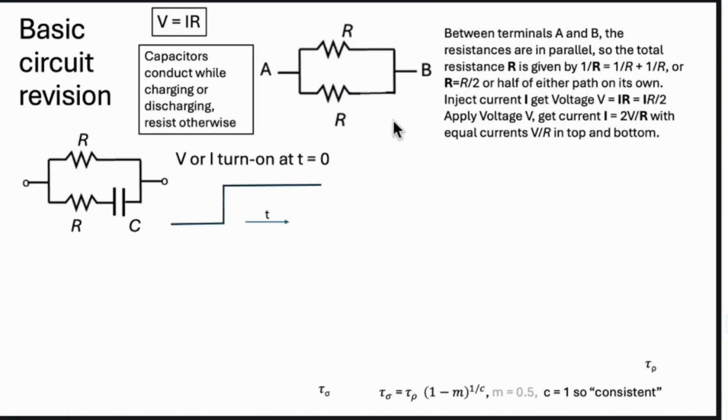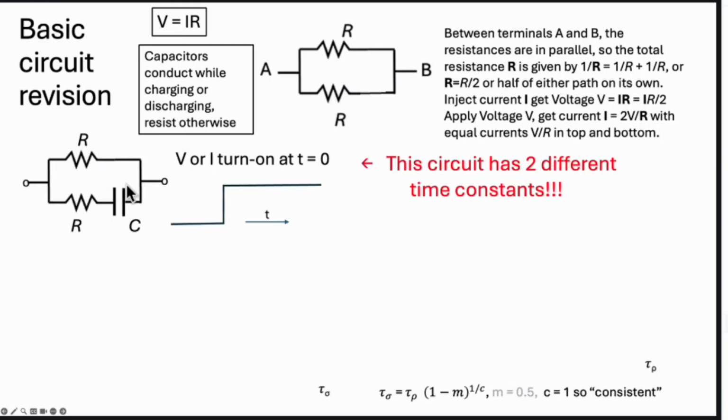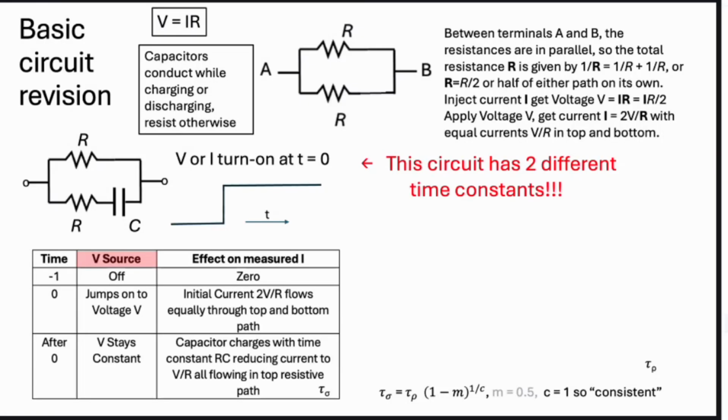So capacitors conduct while charging or discharging, resistive otherwise. So if we now introduce a capacitor on the circuit and apply a voltage, that circuit has two different time constants, which is where the differences between tau conductive and tau resistive come in. And by time -1, our voltage is off. Then we're going to turn it on at time 0.